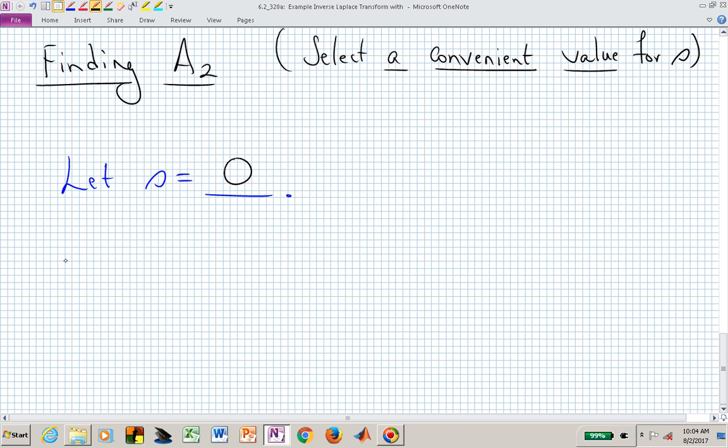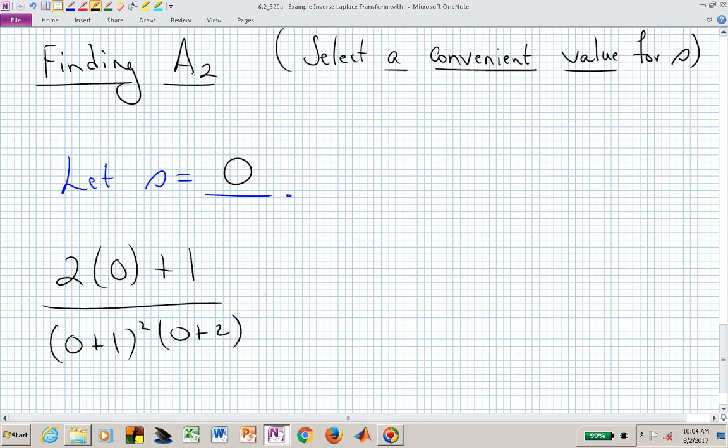Doing that, now we have 2 times s, which we're letting equal 0, plus 1, over (s+1)², (s+2). Everywhere we have an s, we're replacing it with 0. We had a sub 1, which we've determined previously, that was minus 1 over (s+1)², again the s gets replaced with 0.